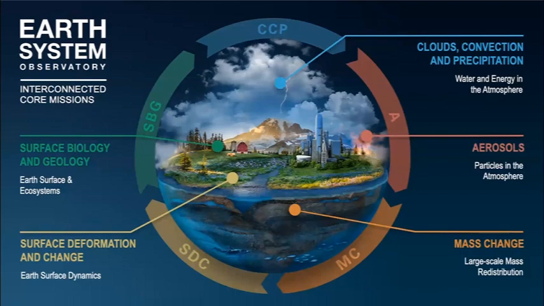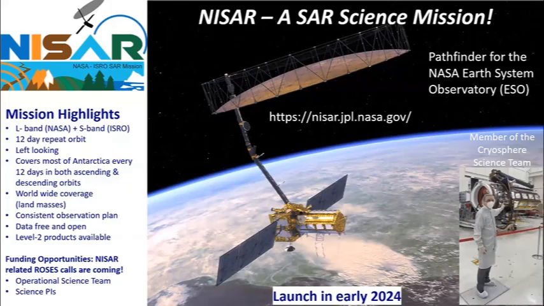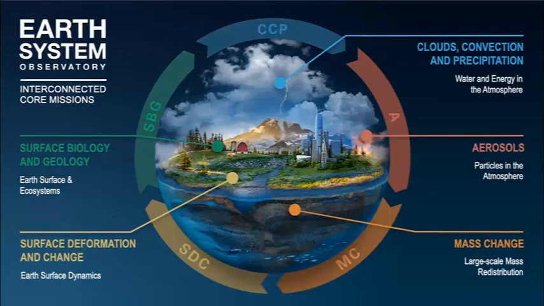So NISAR is, I mentioned it here, a Pathfinder Earth System Observatory. And what is that? That's NASA's response to the Decadal Survey. They will build a series of observation platforms.